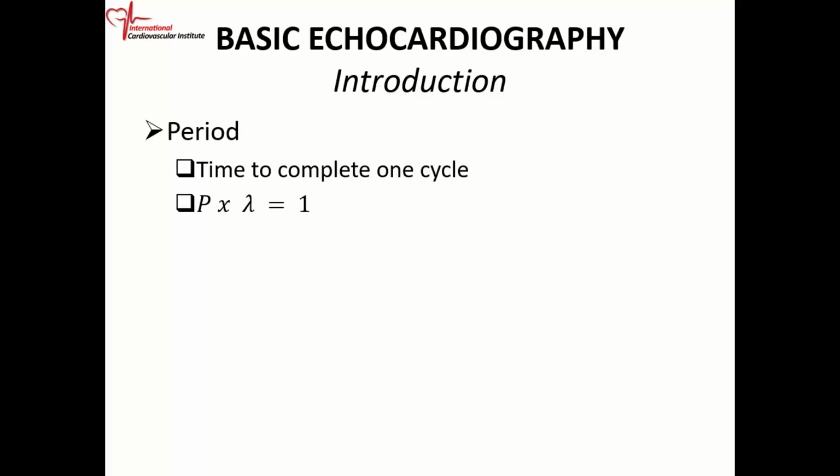The distance traveled for one cycle is the wavelength. So the product of those two is 1. Again, the wavelength is the length of one cycle. The period is the time it takes to complete one cycle. So that product of period times wavelength is 1.